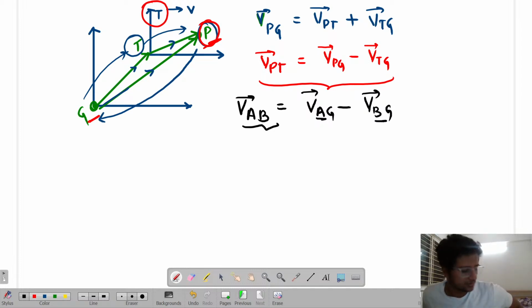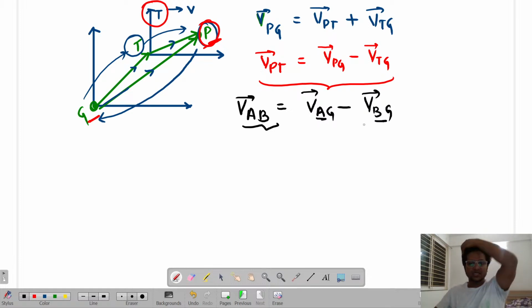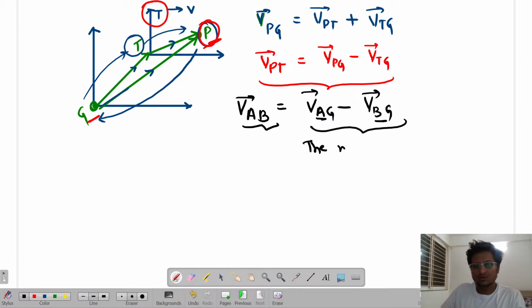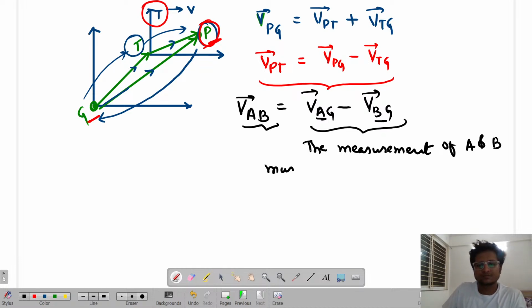Are you able to get me or not? The minus sign should accompany these measurements. The measurement of A and B must be done through the same frame.